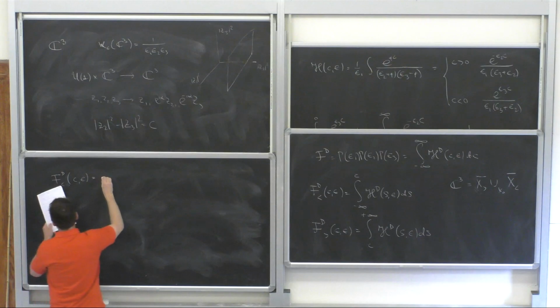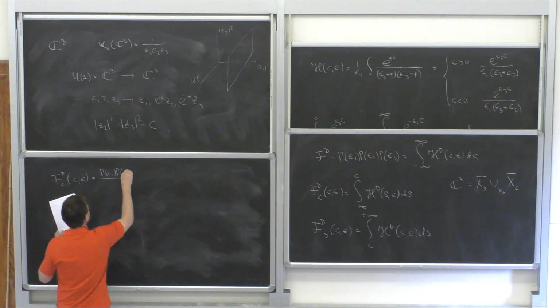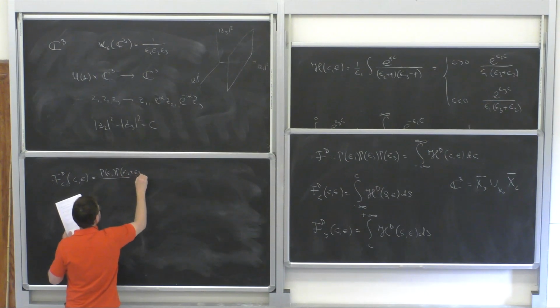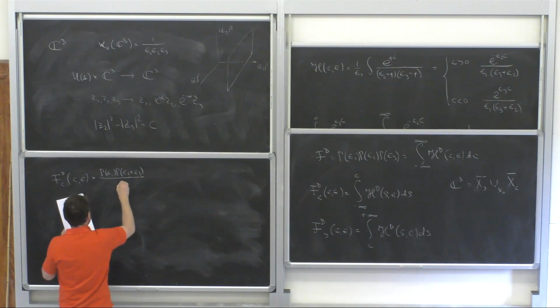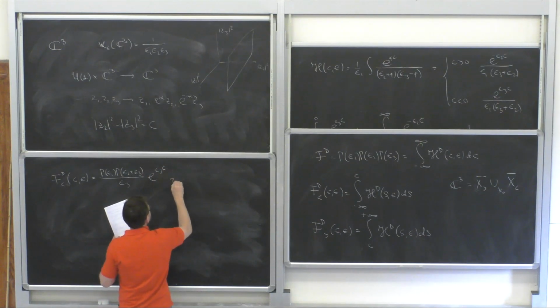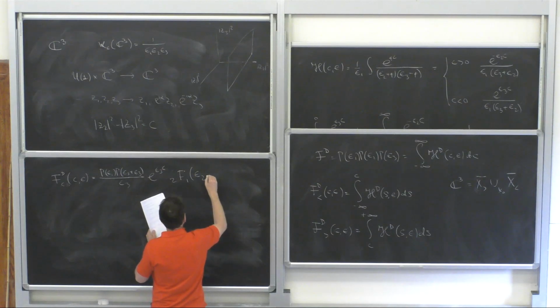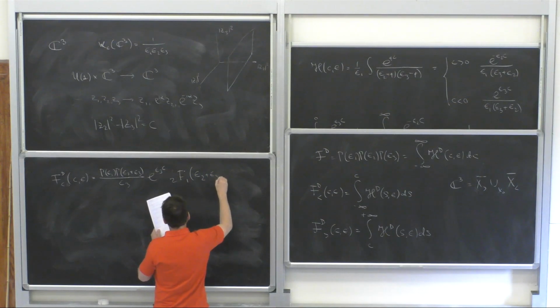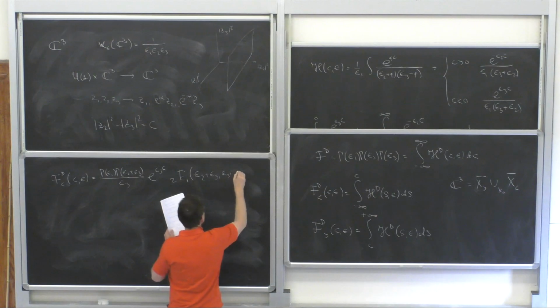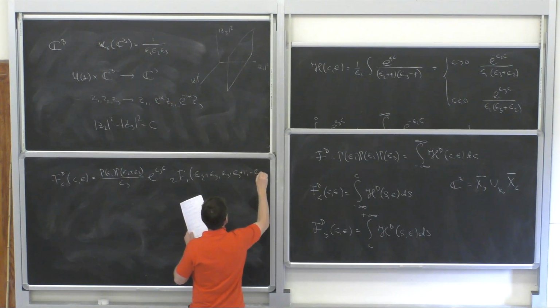This will be some beast with gamma of epsilon 1, gamma of epsilon 2 plus epsilon 3 over epsilon 3, e of epsilon 3 c, 2F1, so it will be some hypergeometric function, with epsilon 3 plus 1 minus e^c.